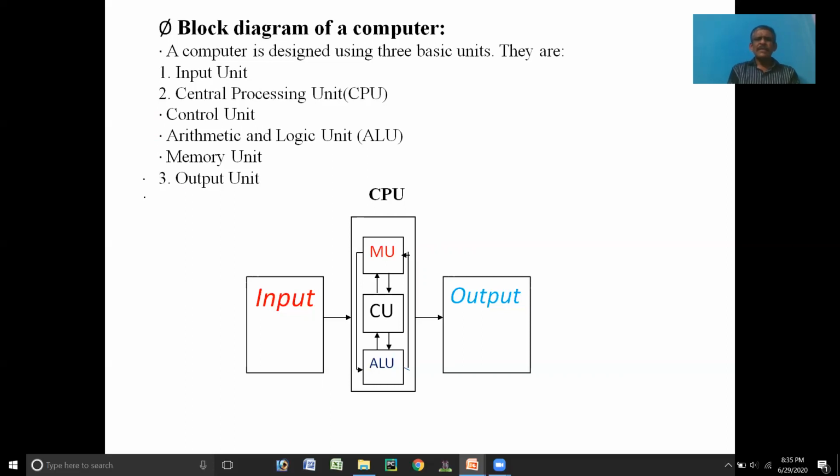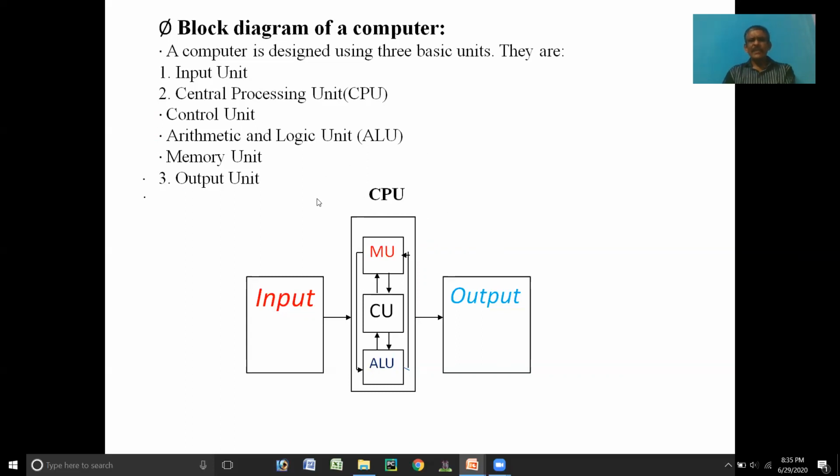The 3 basic units, if you observe the diagram, are the input, then its opposite term, the output, and the process, which we call the CPU, which stands for Central Processing Unit.